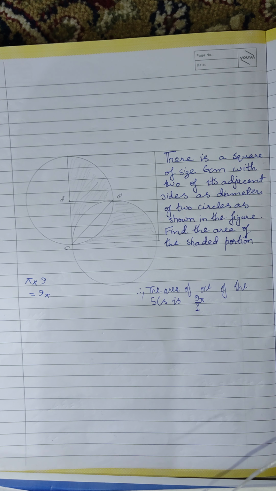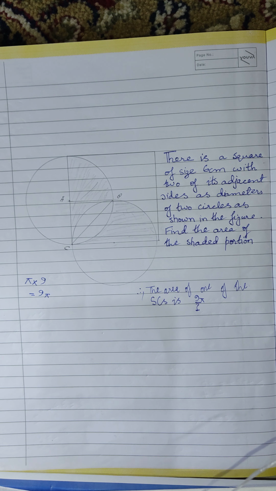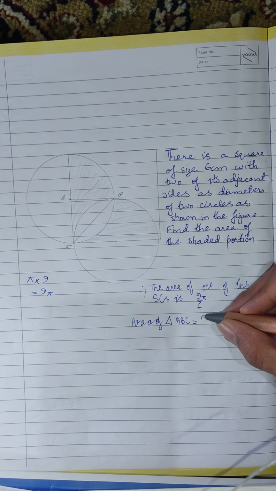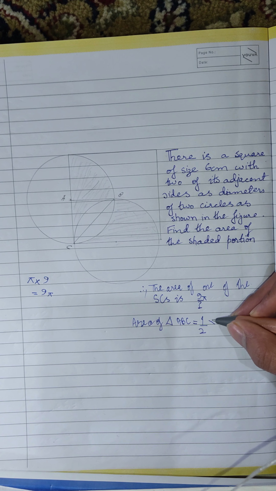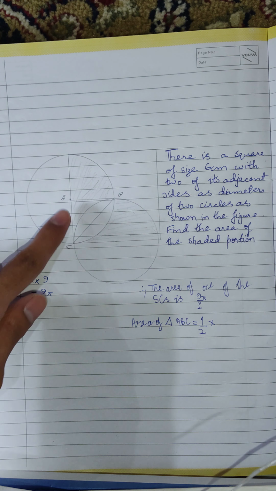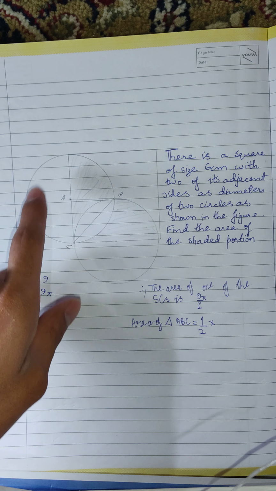So let me write that here. So it is 1/2 into, what is its base? It is AB. What is AB? This A, this B, this AB line segment. This is half of the side of the square.